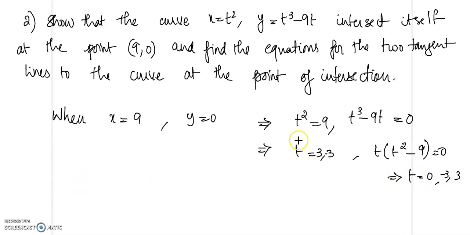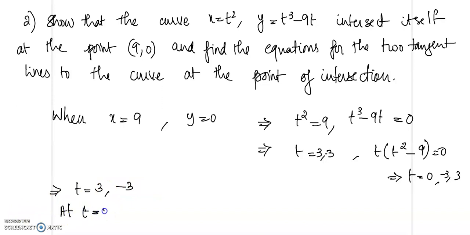So here the common values, the values of t satisfying both the conditions, so we need to get x equal to 9 and y equal to 0. So x equal to 9 and y equal to 0, t values must be equal to 3 and minus 3.